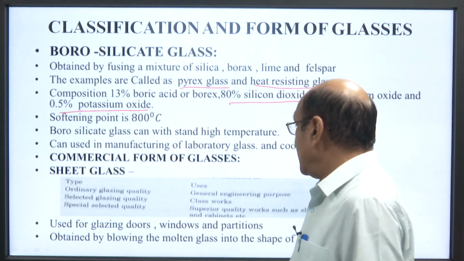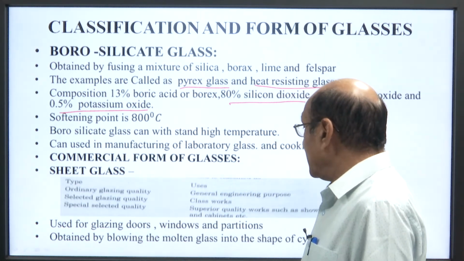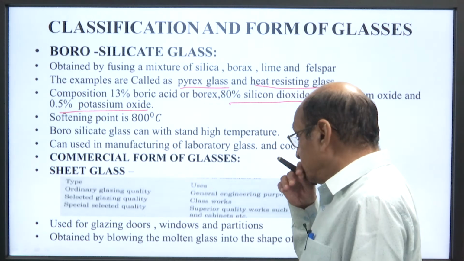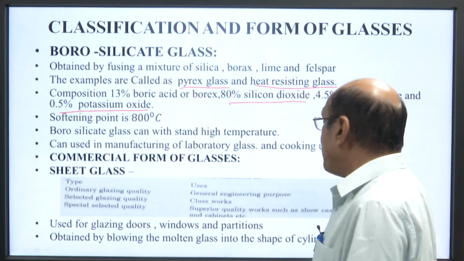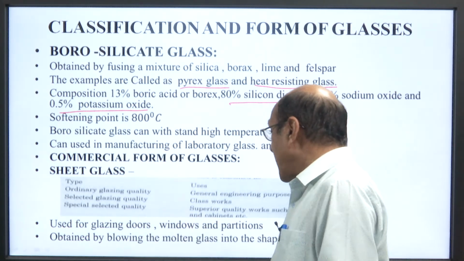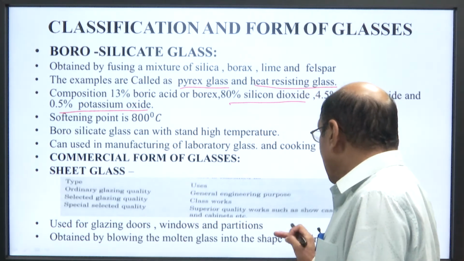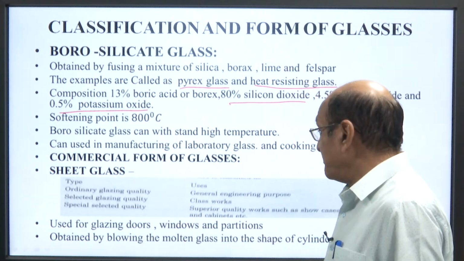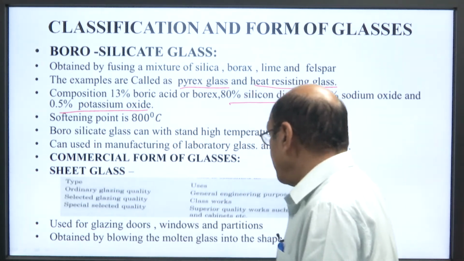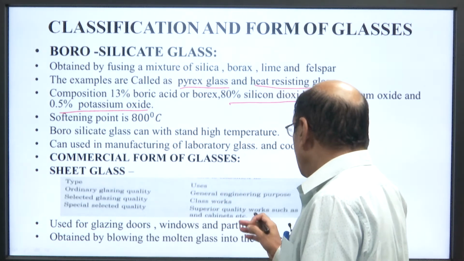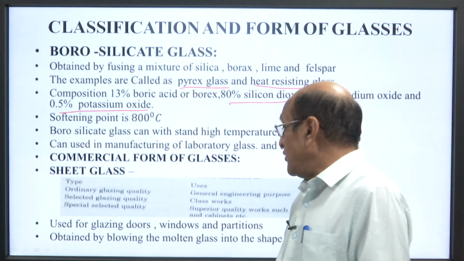Sheet glass. Sheet glass is used for glazing doors, windows and partitions. It is obtained by blowing the molten glass into the shape of a cylinder. So, these are used in ordinary glazing quality, for general engineering purposes.